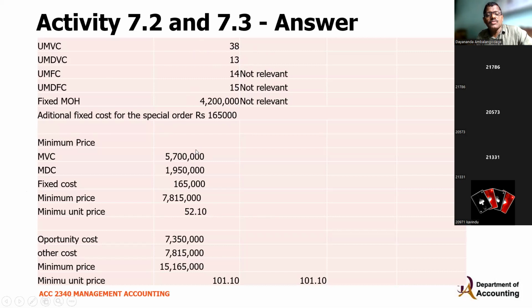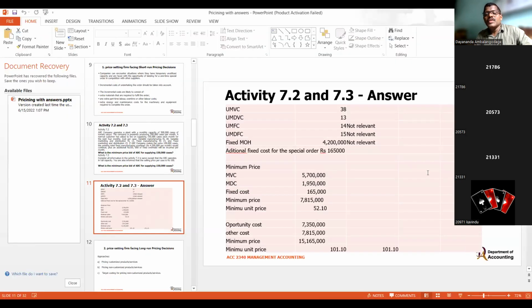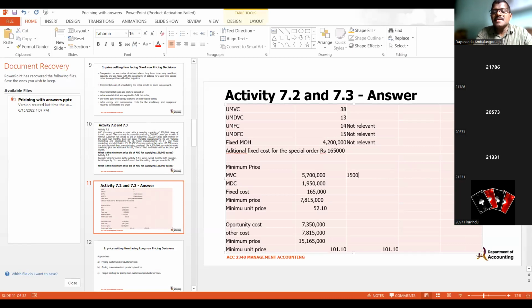So what we have done here is multiplied the 150 cases by 38. That's what we have done. Here we have multiplied 150 cases by 13 rupees.